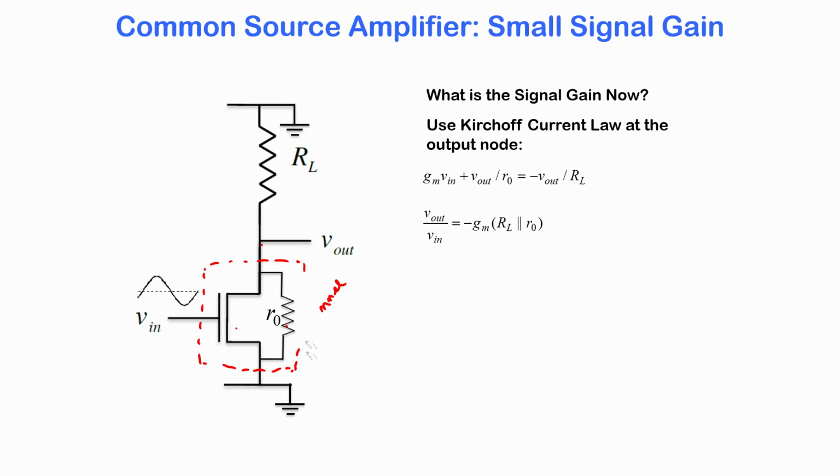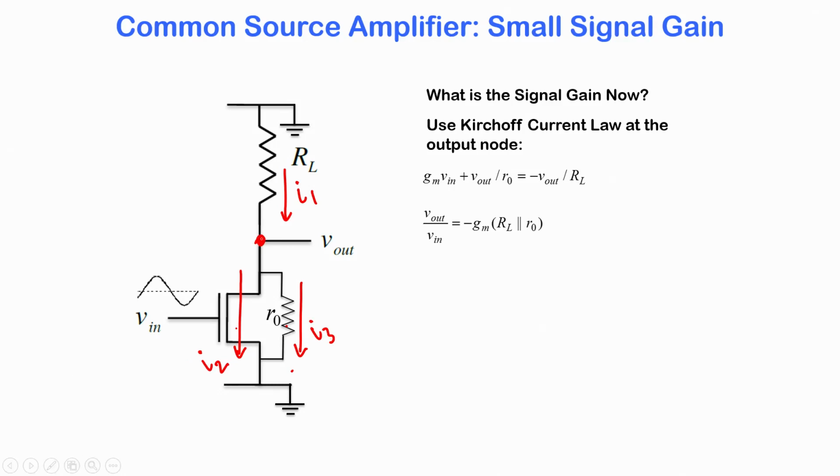Now what impact does channel length modulation have on the voltage gain of your circuit? Once again we will solve Kirchhoff's law at this point. We will call that current I1, the current through the ideal MOSFET is I2, and this will be the channel length modulation current I3, which in combination with I2 gives you the non-ideality effect.